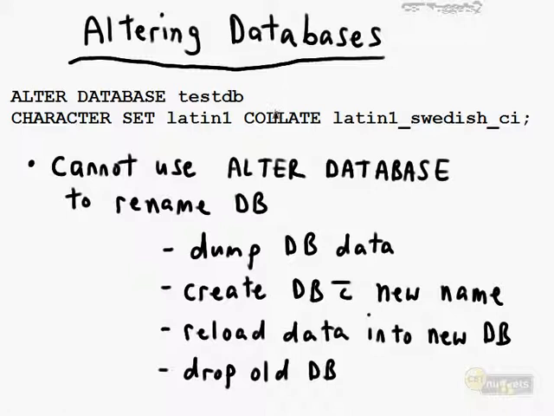Altering databases. To alter structural properties or behavioral properties of a database in MySQL, we use the ALTER DATABASE DDL statement. As a point of review, you'll remember that DDL is the three-letter acronym that's used to describe any SQL command. And when I say SQL, I'm not referring to a particular vendor's implementation.